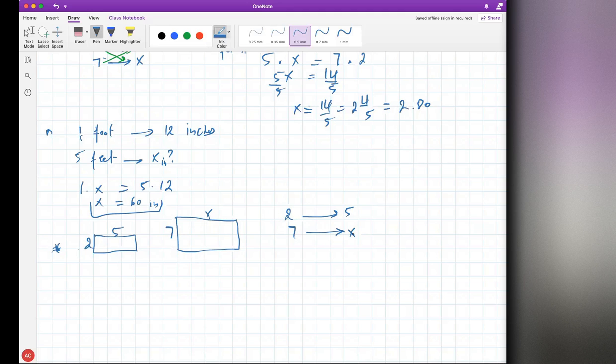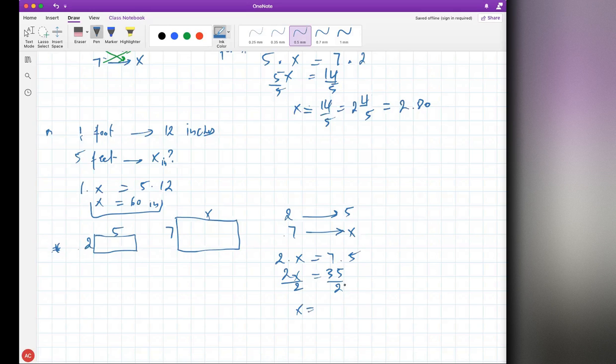Always start with 2 times x. That's right. Always start with a multiplication that has x. Even if x was here, for example, start with a multiplication that has x. In this case, this one. So 2 times x equals 7 times 5. So this is 2x equals 35. And of course, 35 divided by 2. That's right, divided by 2.